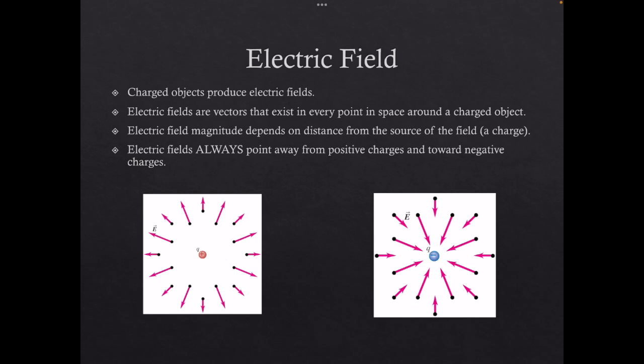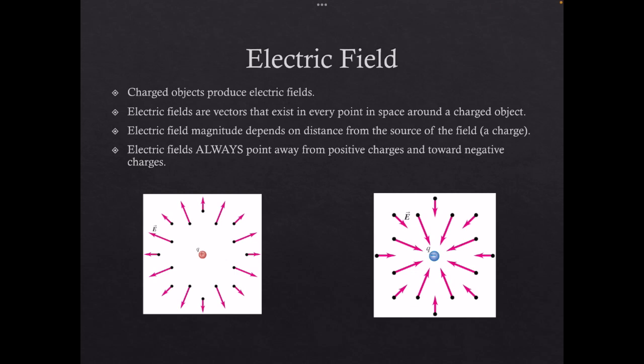It's nearly a one-to-one analogy. So electric fields are vectors, and they exist at every point in space around a charged object. The magnitude of an electric field depends on the distance you are from the thing creating the field, which we'll call the source of the field.